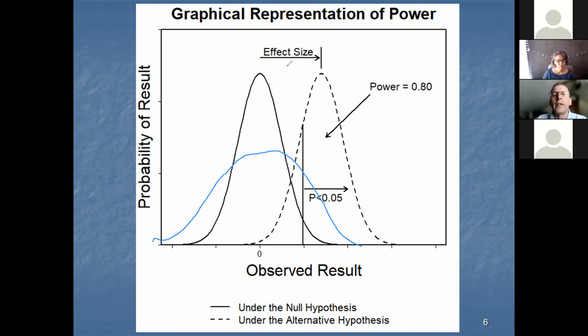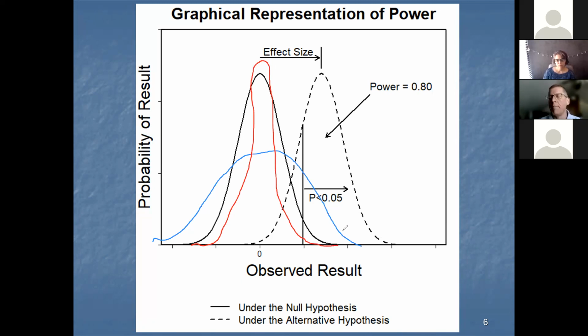Conversely, if I were to try to draw a distribution with less variability, I'm going to get something like this, where I pull those tails in, but I get a more peaked distribution.